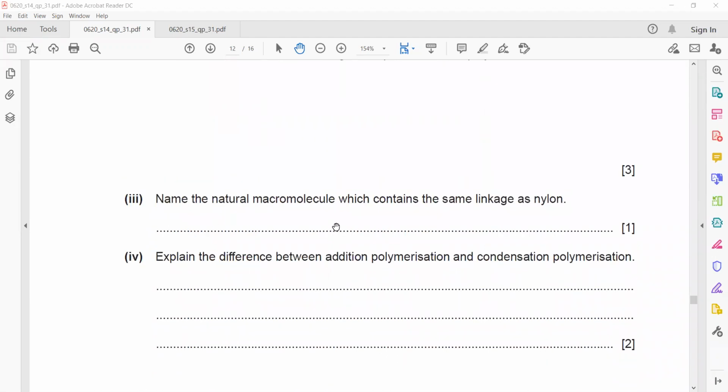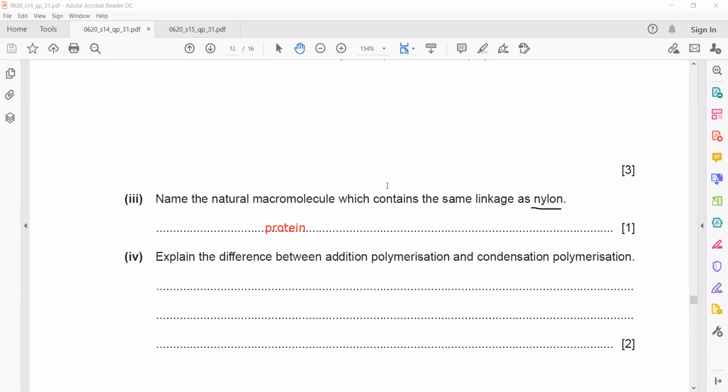Name the natural molecule which contains the same linkage as nylon, a polyamide. The natural molecule is protein. And the differences between addition and condensation polymerization: in addition polymerization, only one product is there.